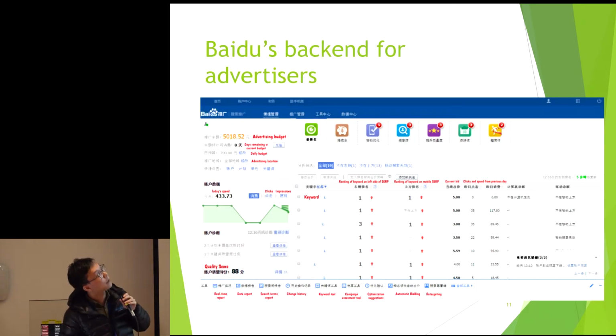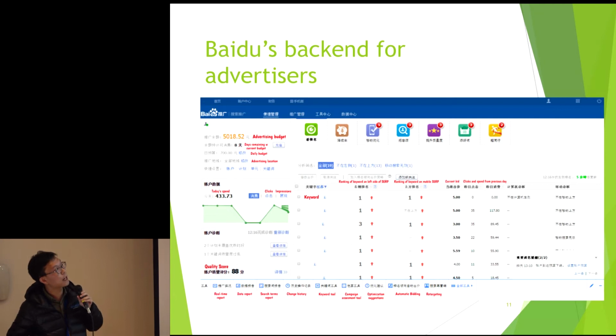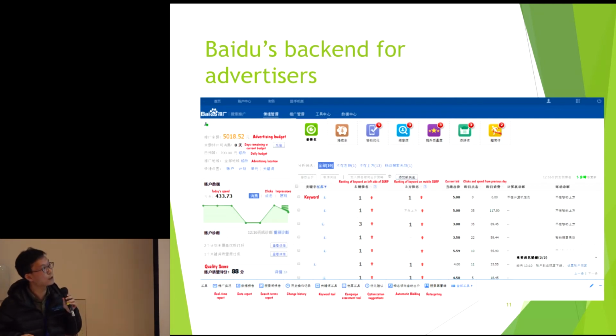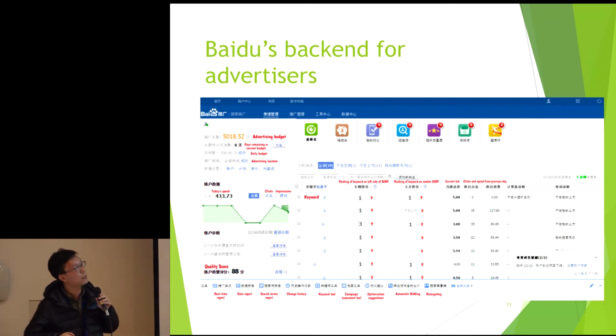So here's the backend for the advertisers. This screenshot shows something that the bidders can see. For example, this is the account balance, and this is the daily budget, and this is the spend curve, and you can switch to see the click curve and impression curve.